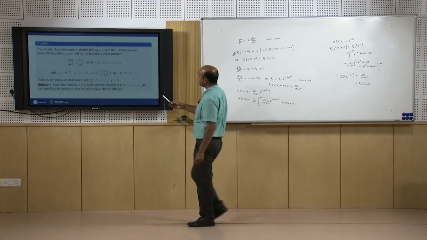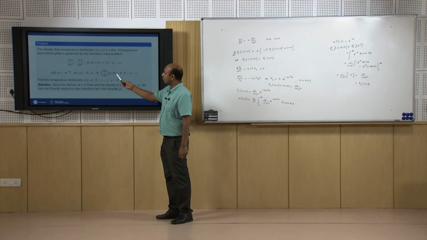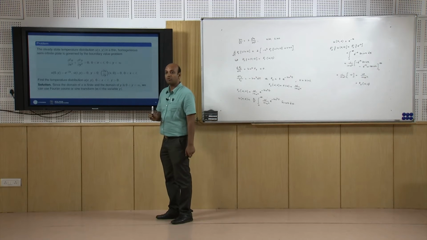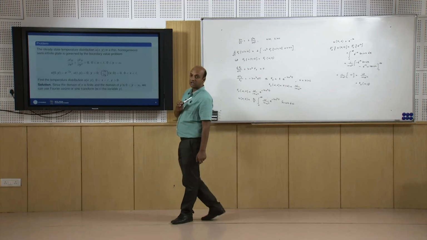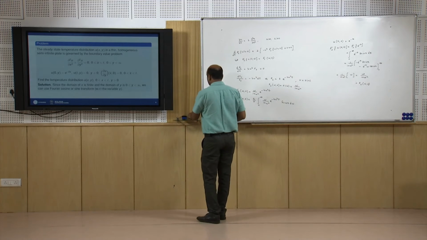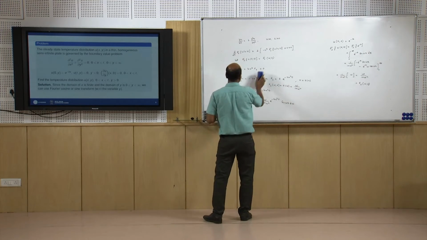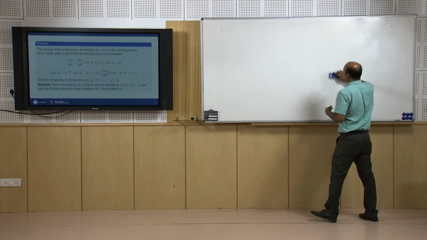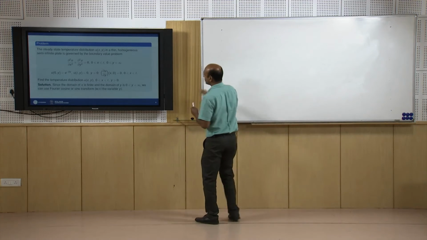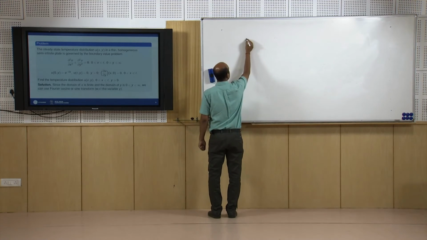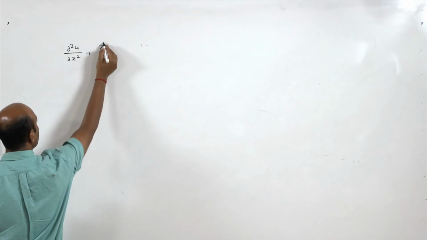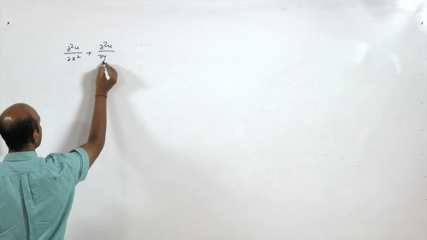So, here del u by del y at y equal to 0 is given, that means we have to apply the Fourier cosine transform. So, now in this problem apply the Fourier cosine transform on both sides. So, what is the problem basically? The problem here is del square u upon del x square plus del square u upon del y square equal to 0.